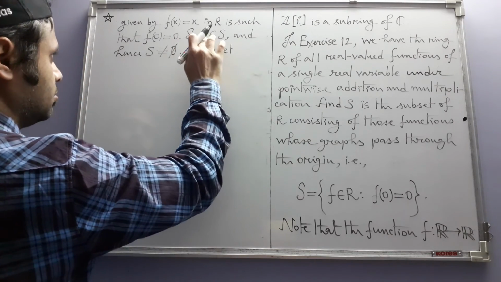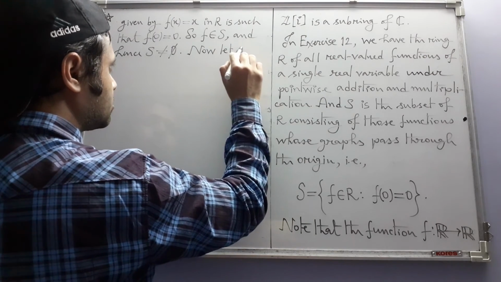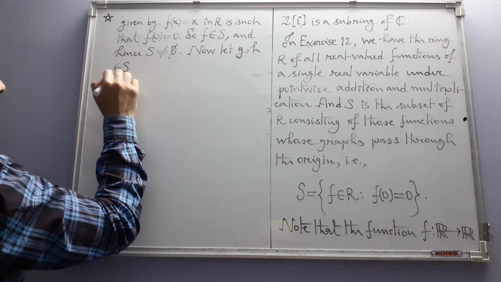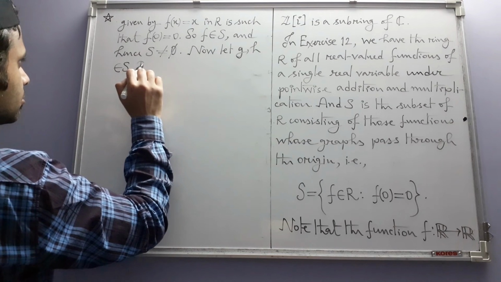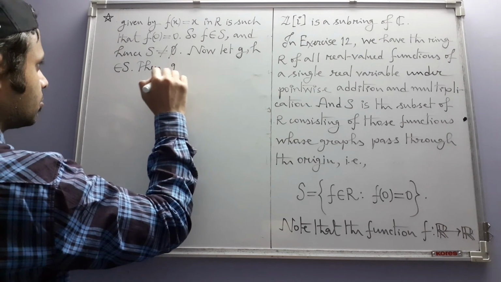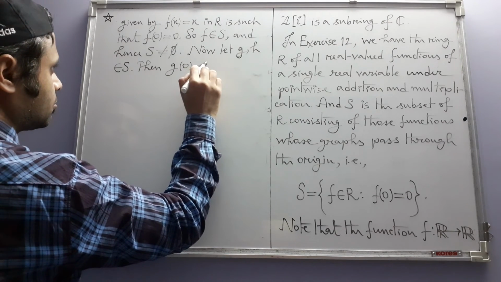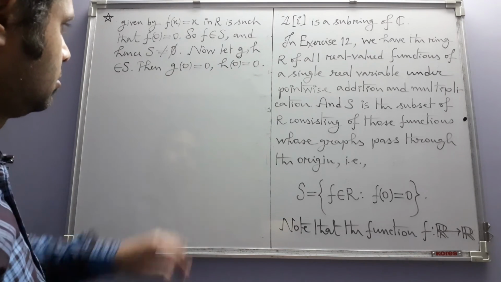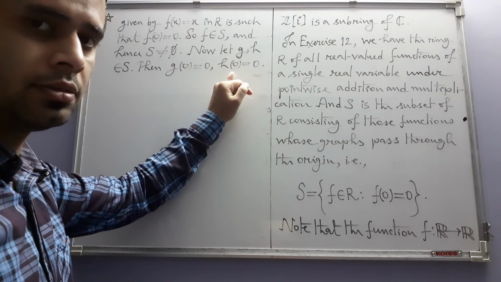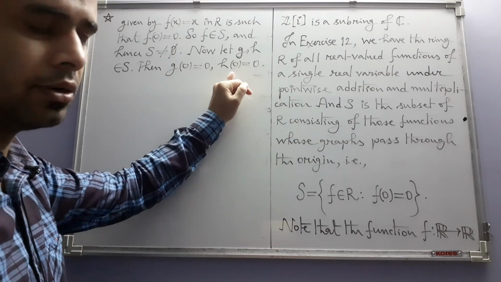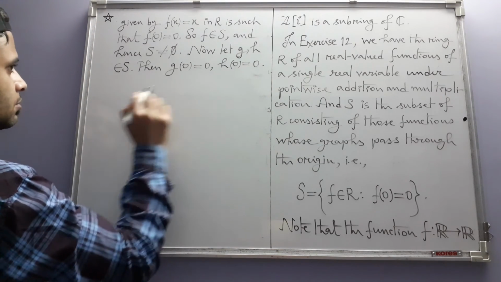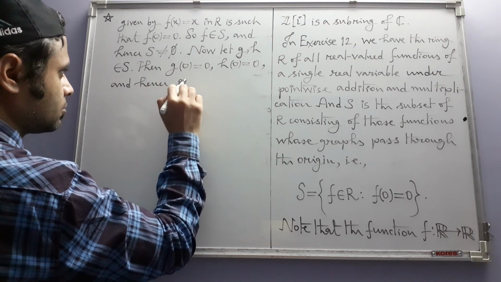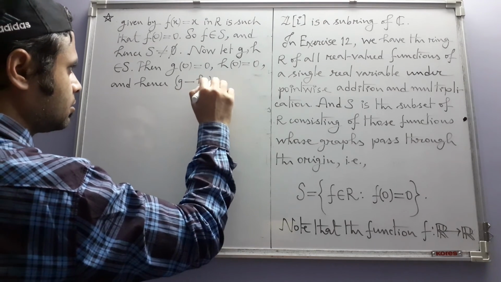Since we have already used f to denote this function, we take some other functions g and h, any two functions in S. Then you can also express these equations by saying that g and h vanish at the point x equal to 0, and hence what is g minus h of 0?